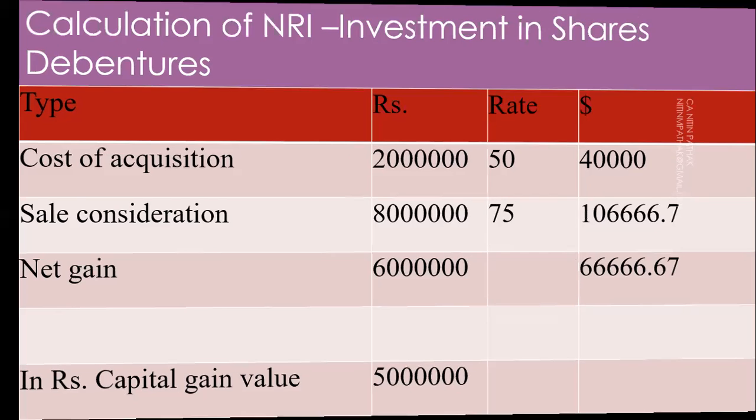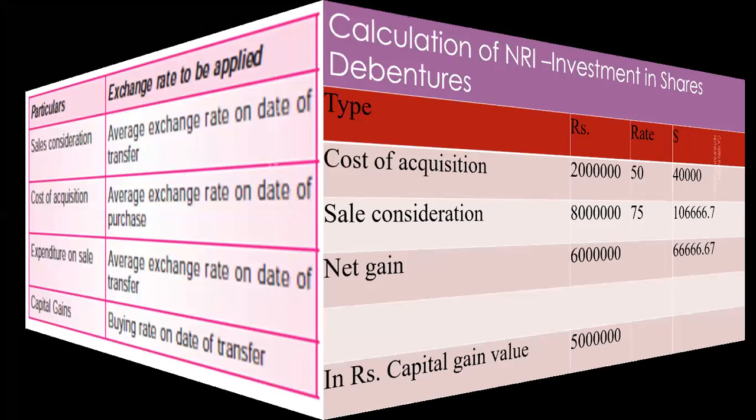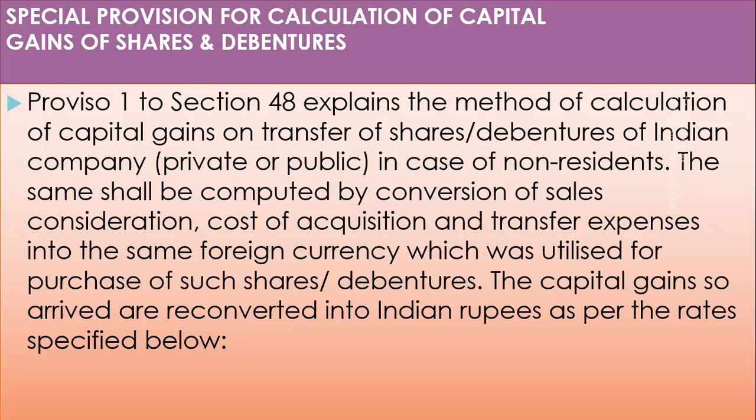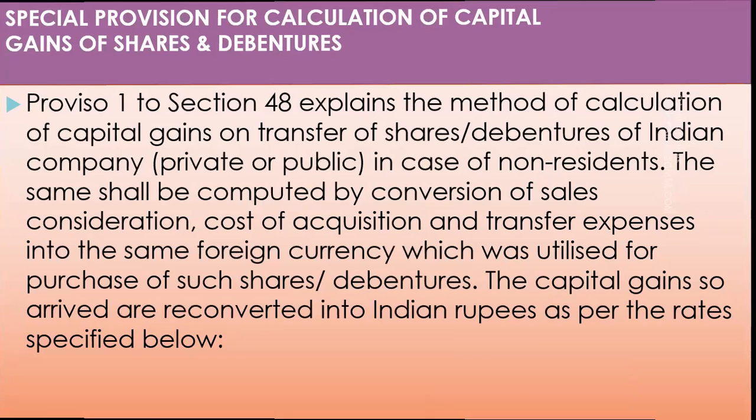This would be available for what type of company? Private, listed shares, debentures, whatever may be, public or private. No indexation would be available in this case.